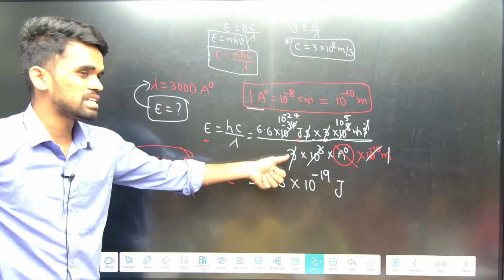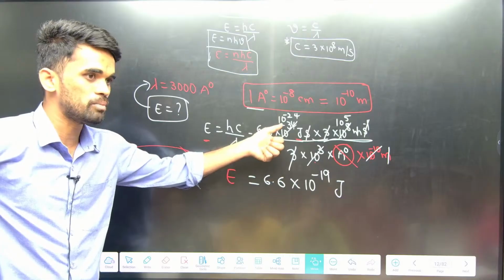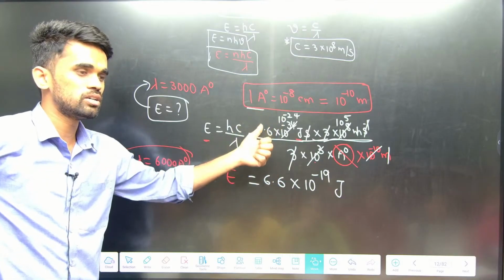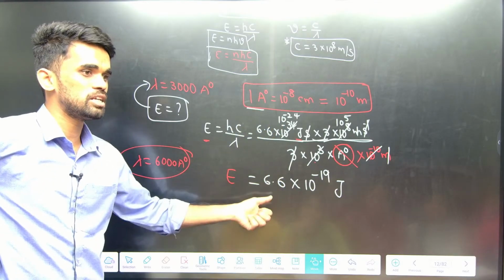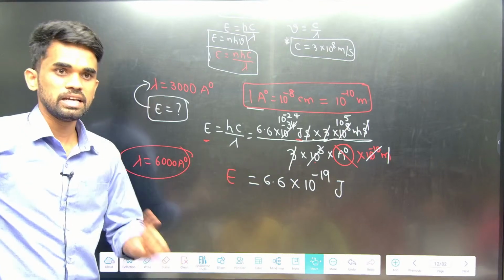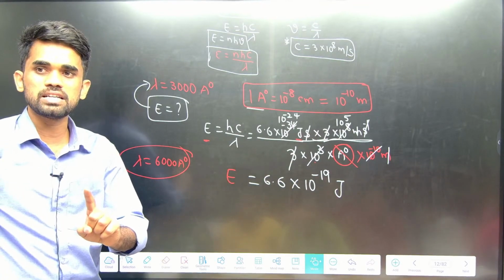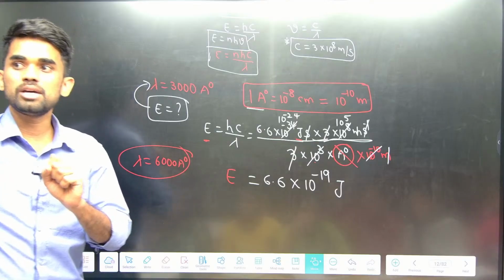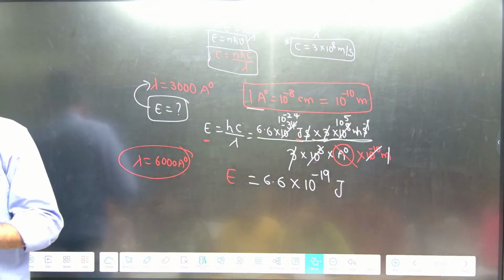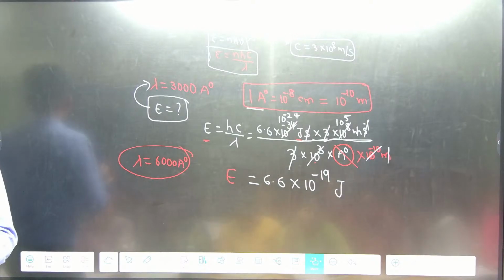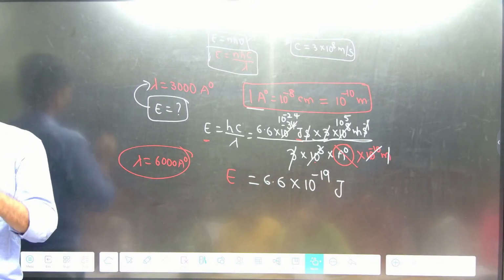So it is just multiplied by 2 in the denominator, so cancel out. 6.6 by 2 means what? 3.3 into 10 power minus 19. Everyone got the answer? How much is the answer? 3.3 into 10 power minus 19.